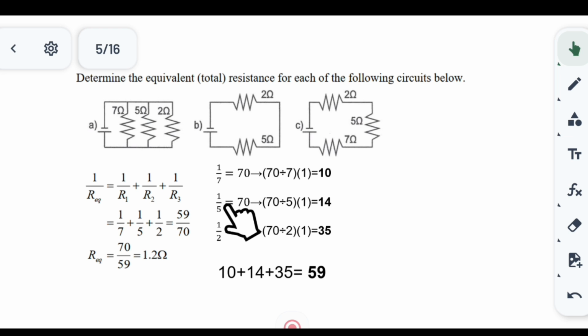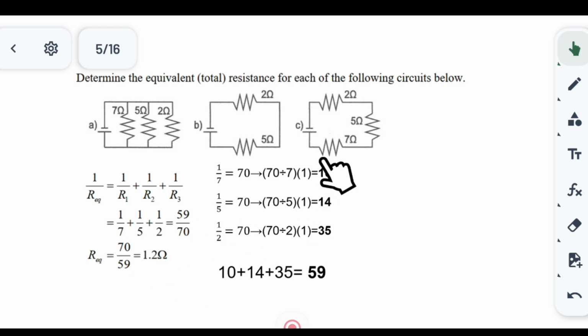The same with the second resistance, 1 over 5: 70 divided by 5 times 1 is 14. And then 1 half: for the third resistance, 70 divided by 2 is 35, times 1, that is 35.